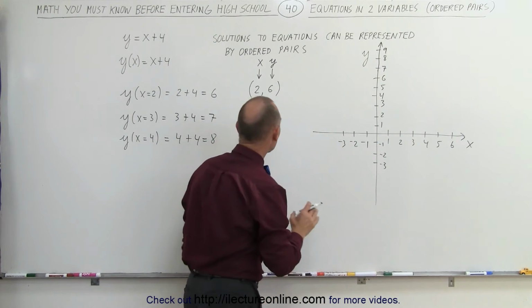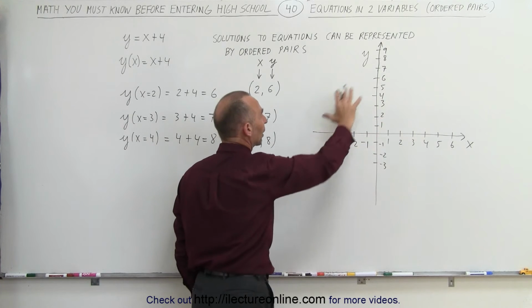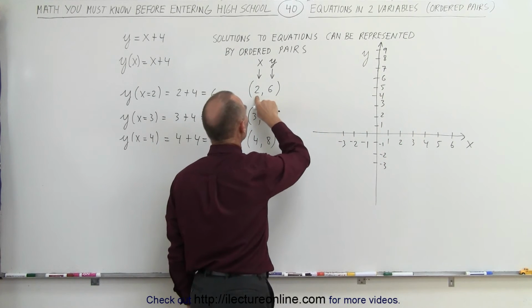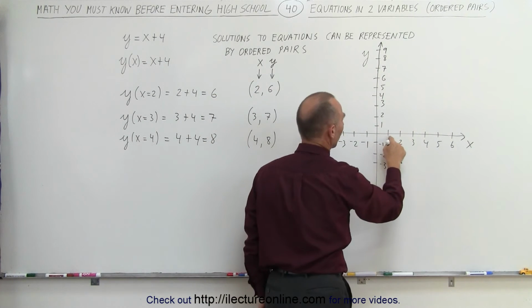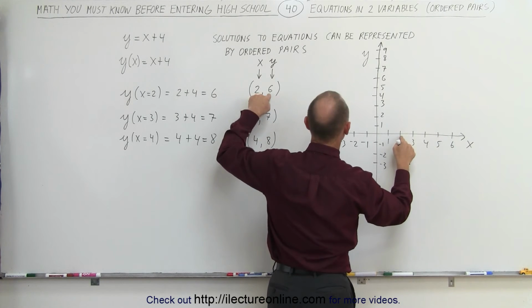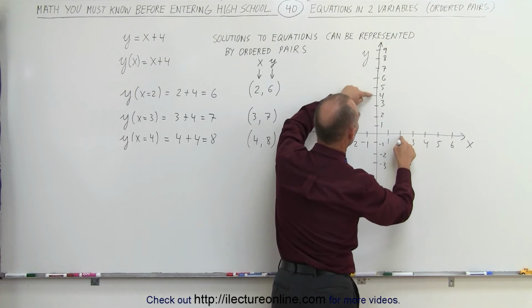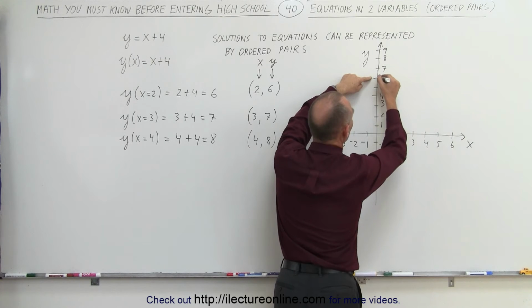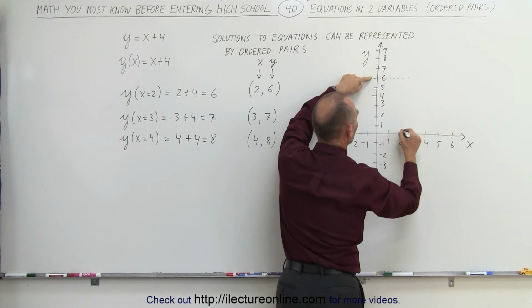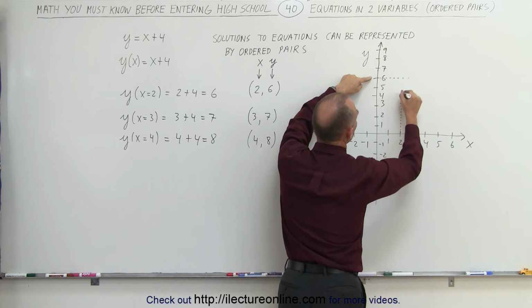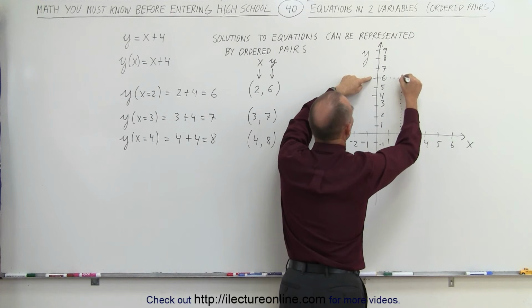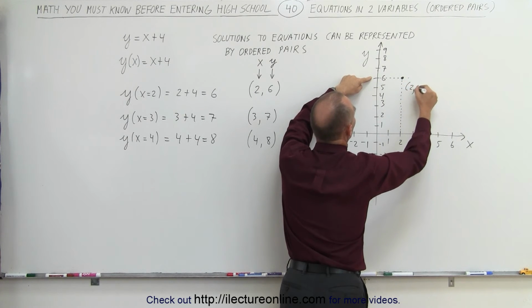So to find the values for the ordered pair on the xy coordinate system, we first find the number 2, which is right here, 1, 2. And then we find the number 6 on the y-axis, 1, 2, 3, 4, 5, 6. So when we draw a horizontal line over here, and we draw a vertical line over here, where the two meet, that's where we have the ordered pair 2, 6.